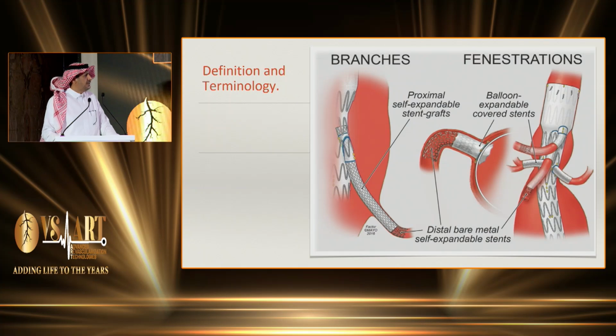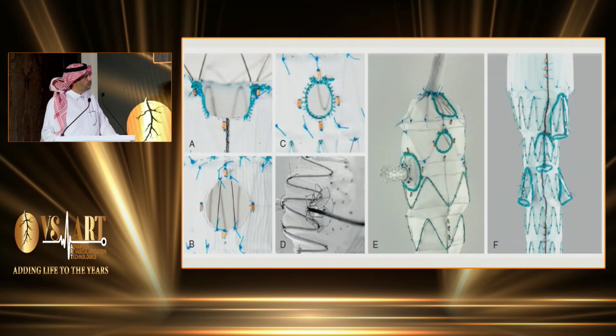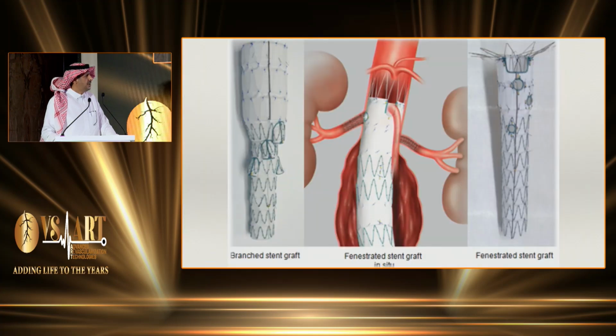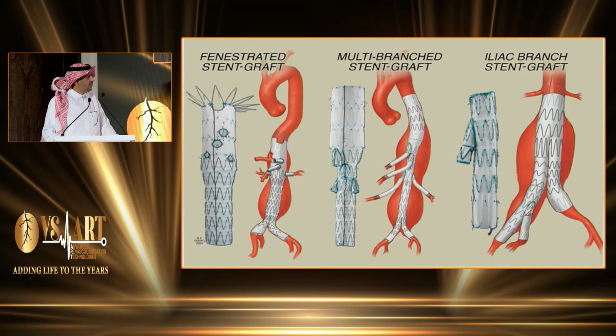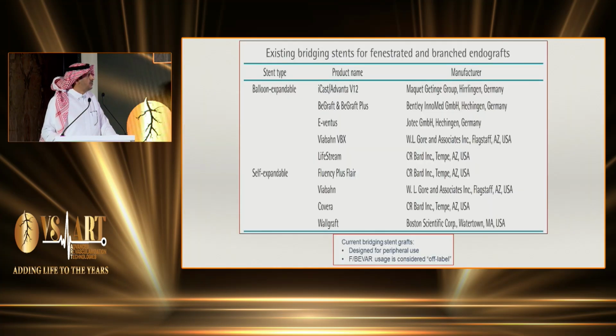This is the type, either directed branches or fenestration. And you can use self-expandable or balloon expandable or even a peristent. These are the types we use off the shelf, either scallop or fenestrated, reinforced, or directed branch graft. So many types of covered stent can be used, either balloon expandable or self-expandable.